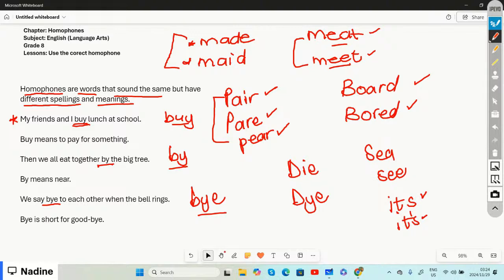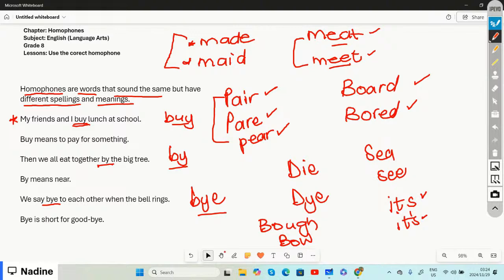And then lastly, one more. We have bow and bow. So these are but a few examples of homophones. They are different words that sound the same, but the spelling of the words as well as the meaning of the words are different.